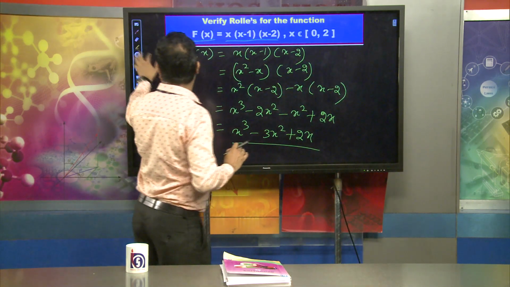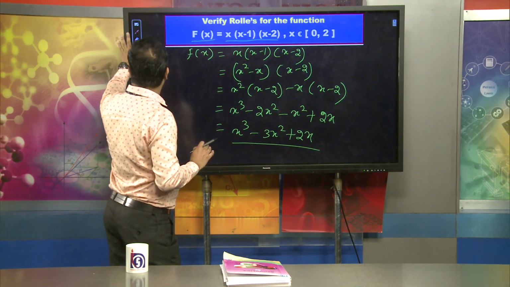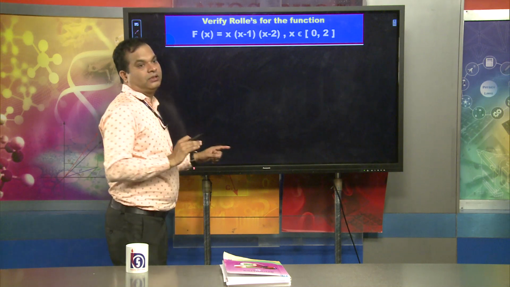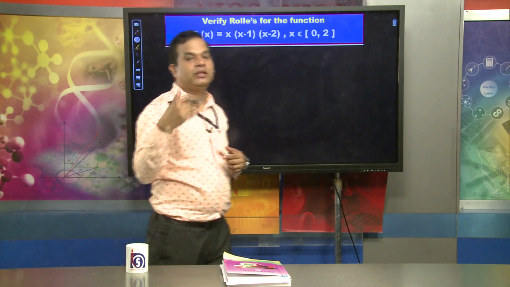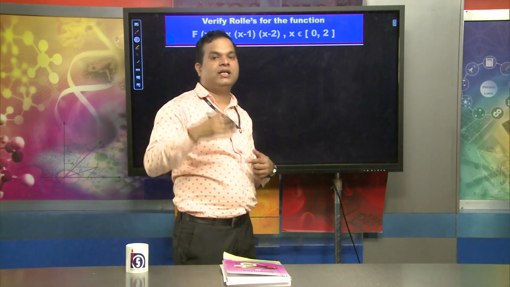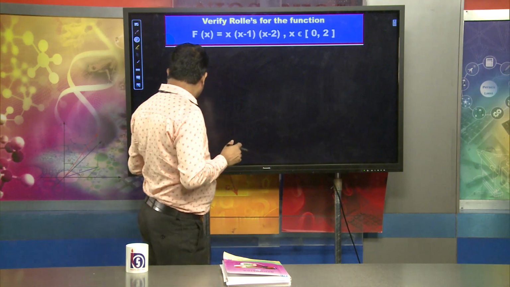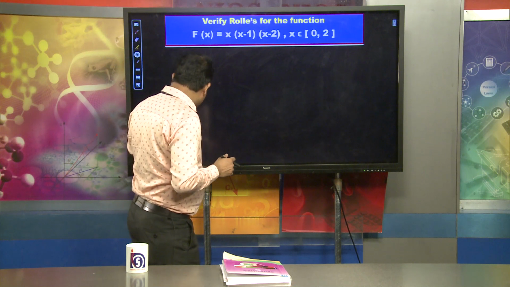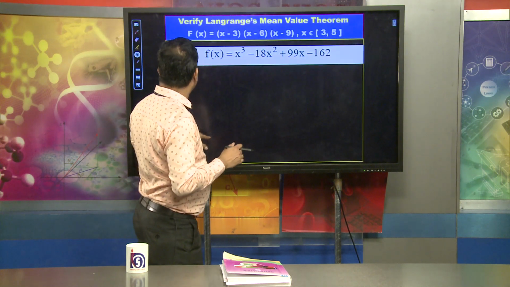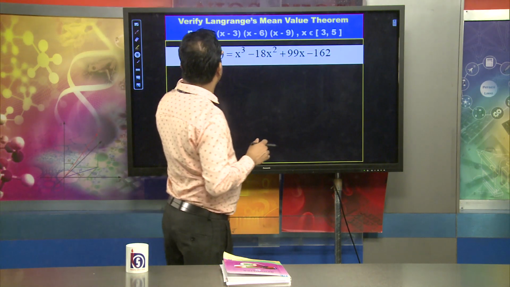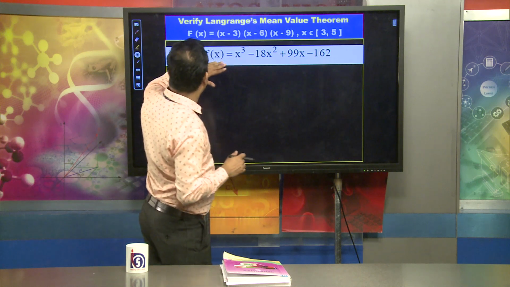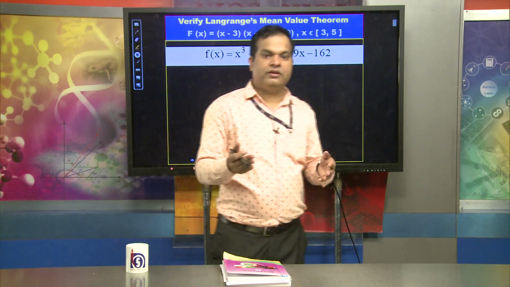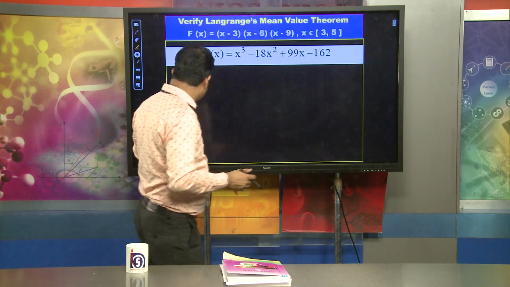We can verify Rolle's theorem by using the application of derivatives, that is, tangent and normal. Another application, verifying Lagrange's mean value theorem in the same manner but with a different theorem, will be discussed in our next session.